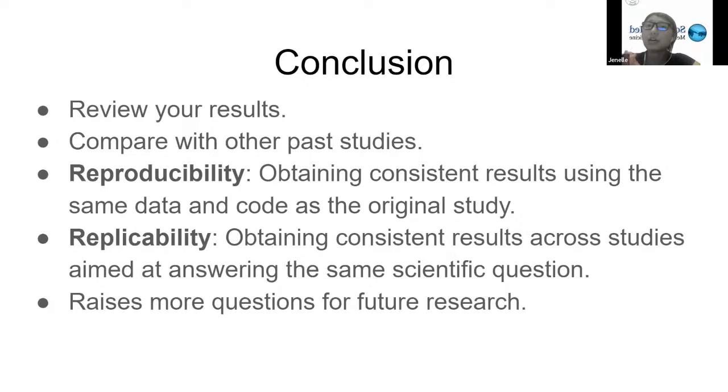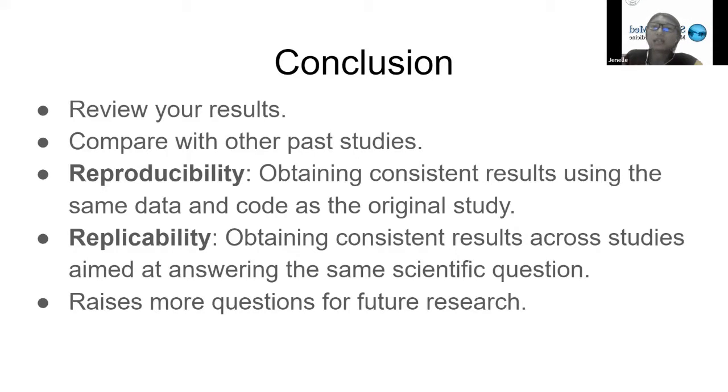On the other hand, replicability is when you're obtaining consistent results across studies aimed at answering the same scientific question. So let's say your lab gets a certain result, and another lab who's also researching the same topic decides to do the same experiment as you.